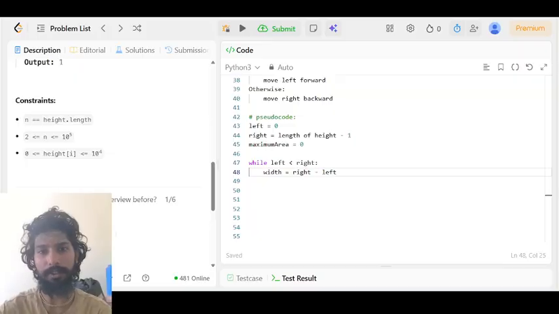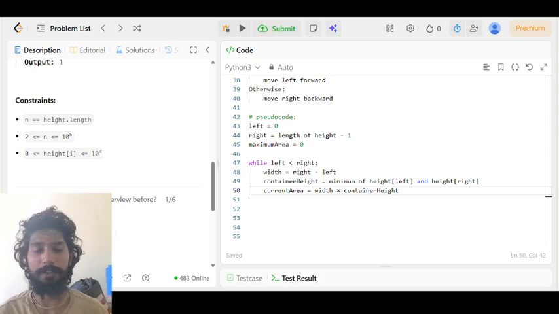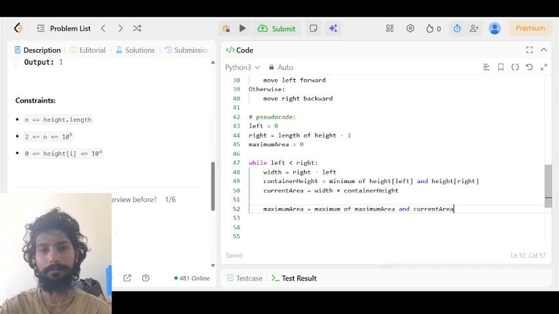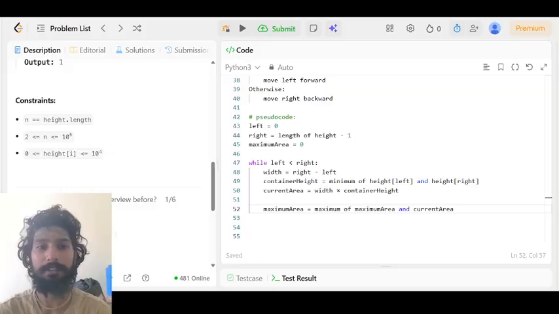And container height equals minimum of height left and height right. And current area becomes width into container height. Then we update the maximum area by taking maximum of maximum area and current area.